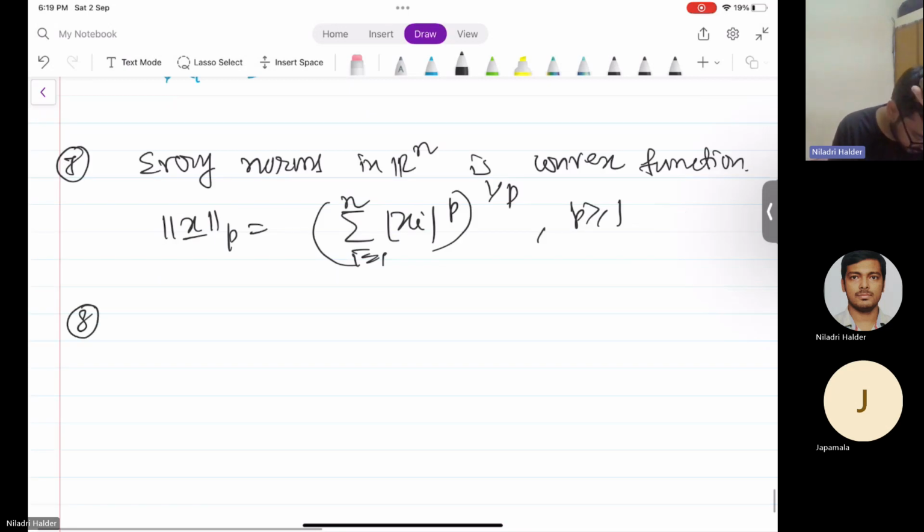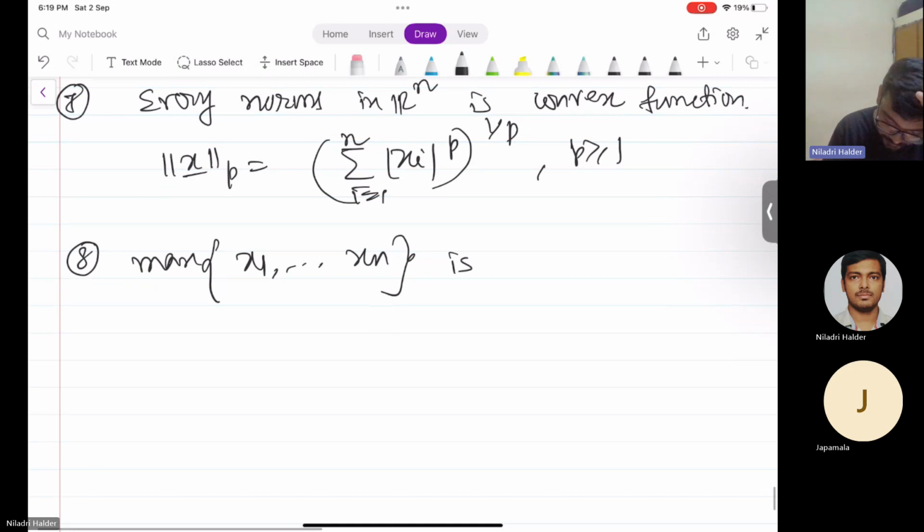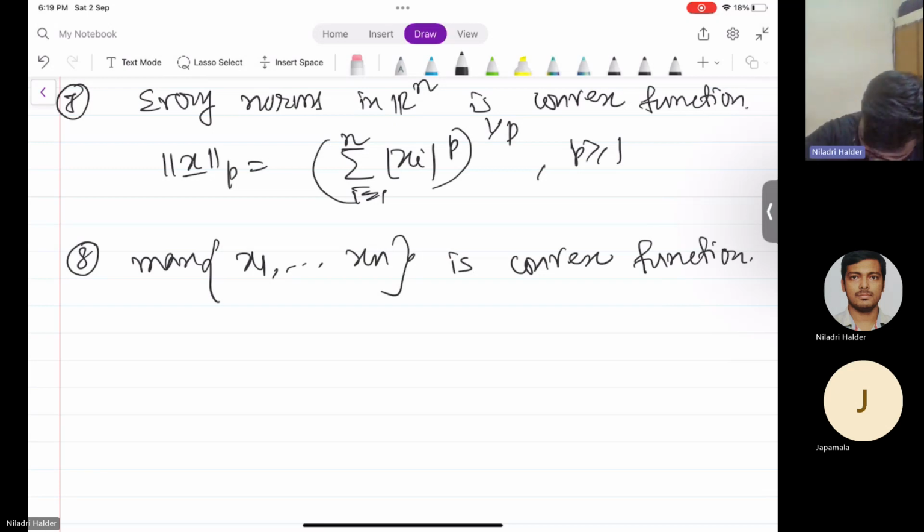And question number 8 is that max of x1 to xn is also a convex function.